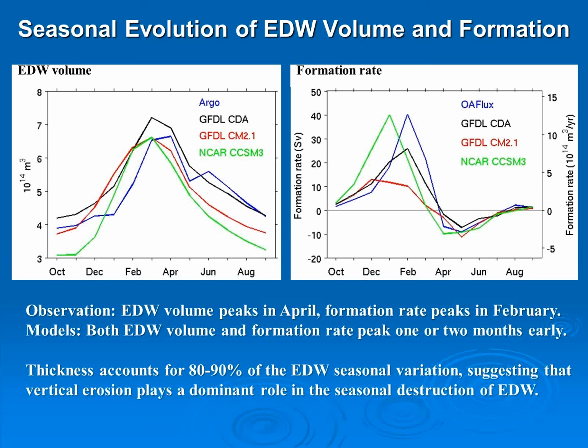For the seasonal cycles, I use Argo because the World Ocean Database is 3-month averages, while Argo has monthly data, giving me better temporal resolution. From Argo, you see the EDW volume peaks in April, but in the models they all peak months early, and this is connected to the formation rate.